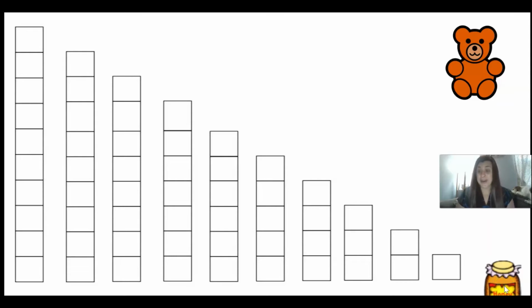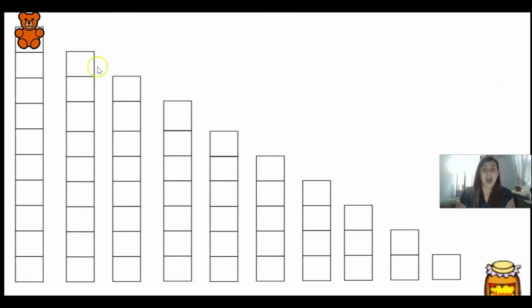Well, my friend the bear loves honey, and he wants to get to the honey. But he's all the way up here, and he needs to get all the way down here. Can we help him get to the honey by helping him count down from 10 to 1? All right, let's do it.